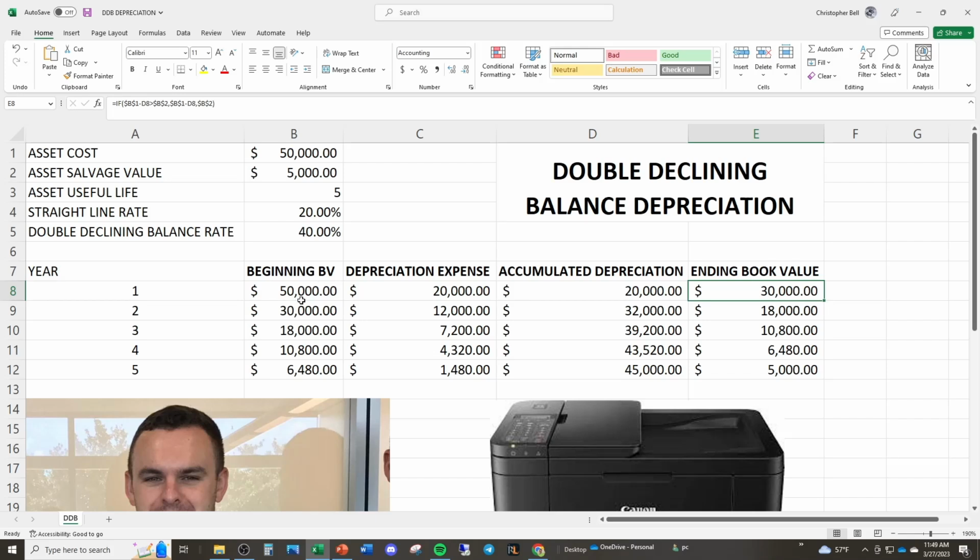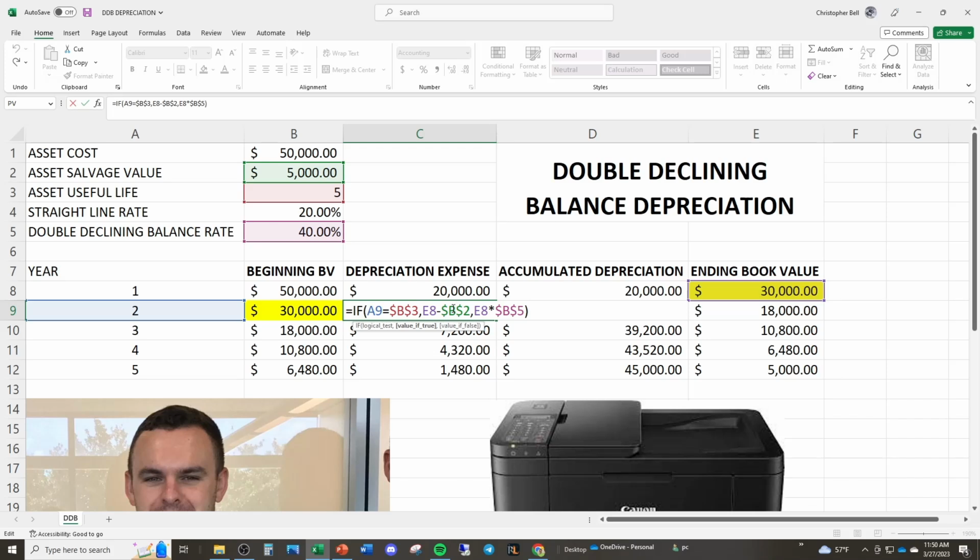Then we see in year 2, he takes the ending book value of last year, we'll highlight it here, and he puts it as the beginning book value for this year because that's what it is. We've taken our depreciation, we've netted it with accumulated depreciation, that's our ending book value. Now we take the beginning book value of $30K, and guess what we multiply it by?